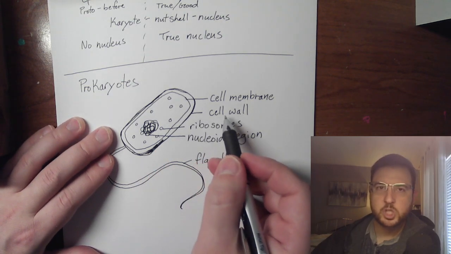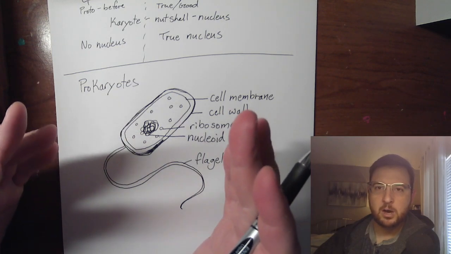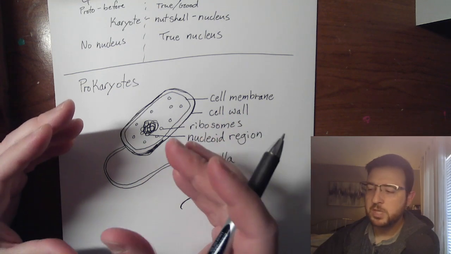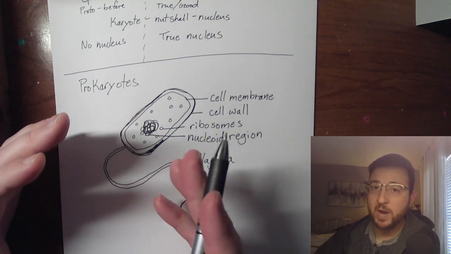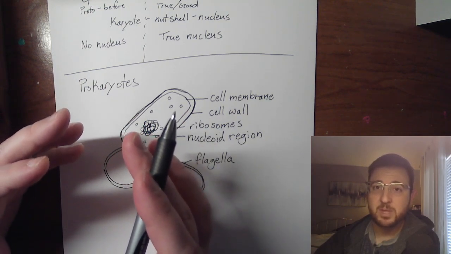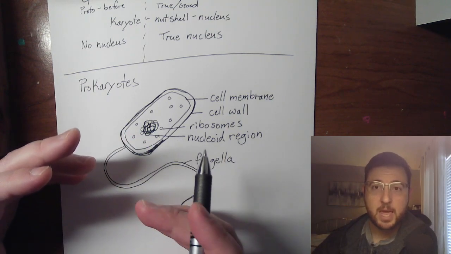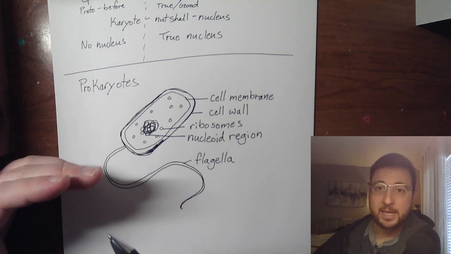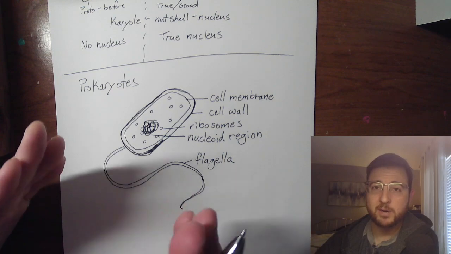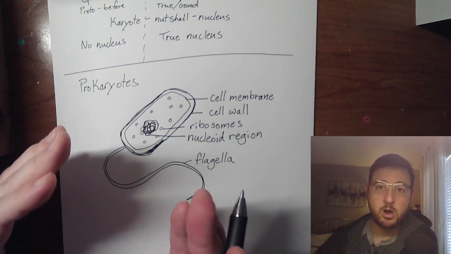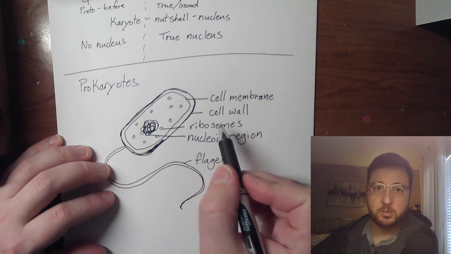But essentially, if too much water goes inside, they can bust open like a water balloon. So the cell wall surrounds the cell membrane to keep them from exploding. You can think about a cereal box and how you can have like that bag on the inside of the cereal box, and then the box around it provides extra structure for that bag. That's essentially what the cell wall is doing.